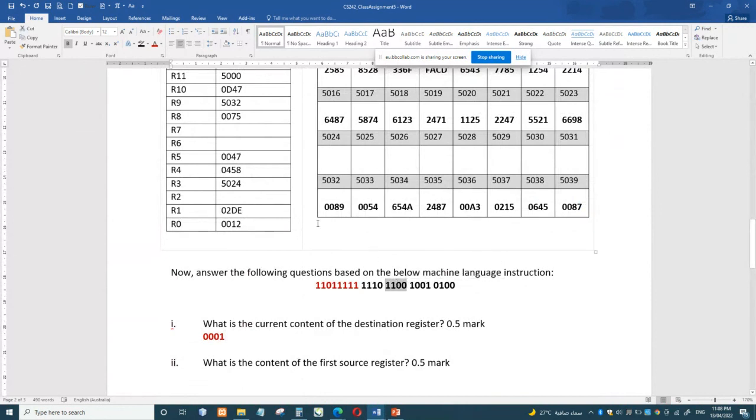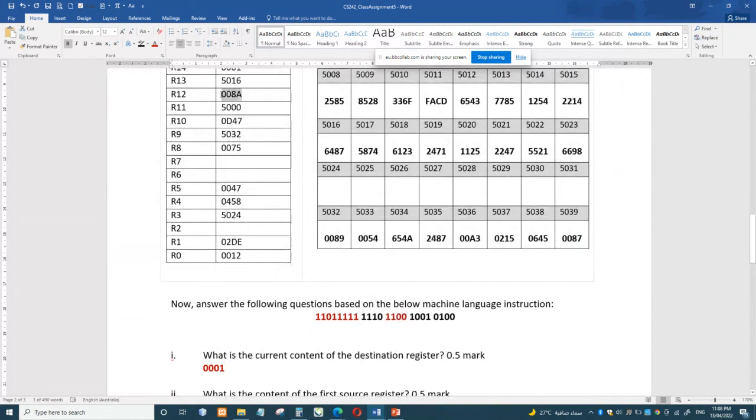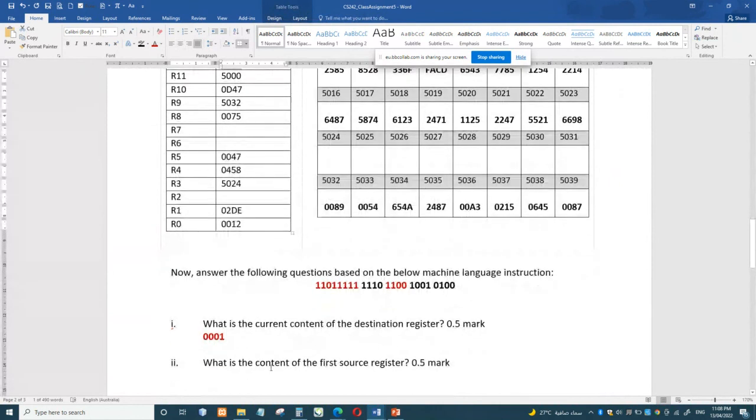This is your first source register, so the register number is 12. Register 12 contains the value 008A. So the content of the first source register is 008A.